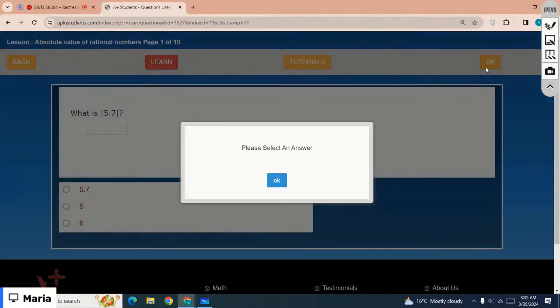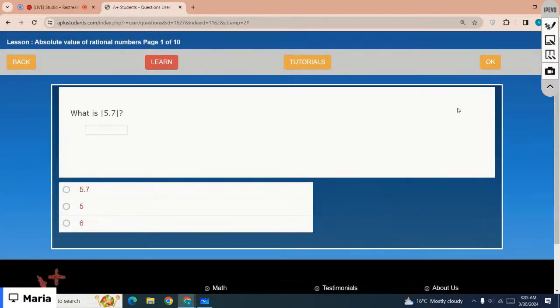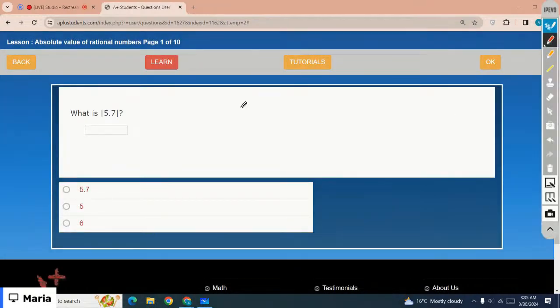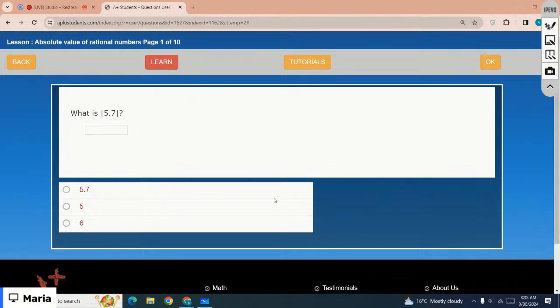Even you can see the two bars like this, that means you need to evaluate the absolute value of this number, right? So that is already a positive number, so the absolute value is 5.7. Option number 1 is the correct option, right?